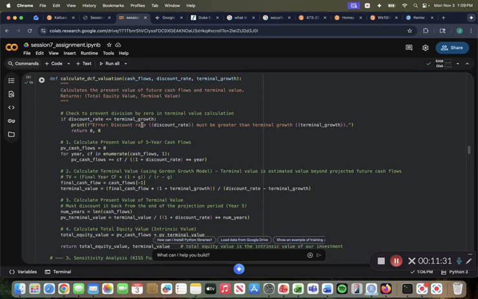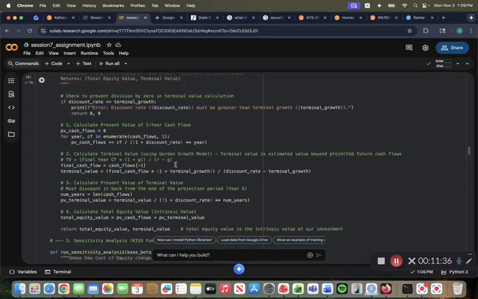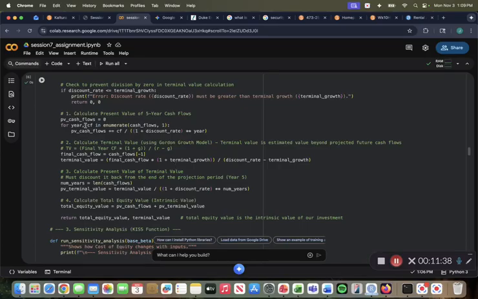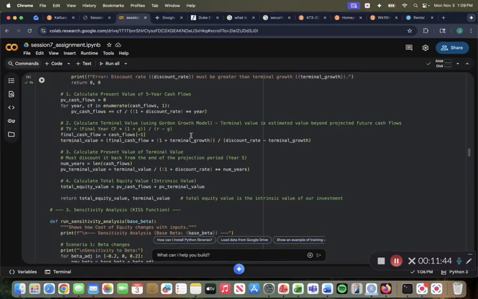And then calculations to prevent division by zero in the terminal value calculation, more calculations for our cash flows to calculate the present value of those. Terminal value, as we talked about, being the estimated value beyond projected future cash flows, which helps to calculate our present value and our intrinsic value.